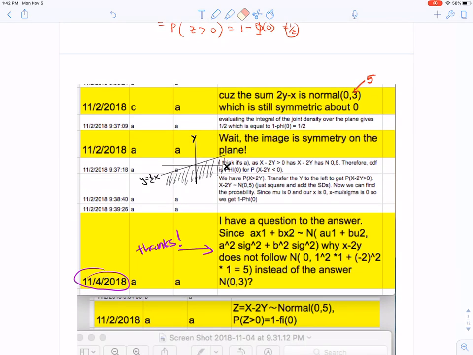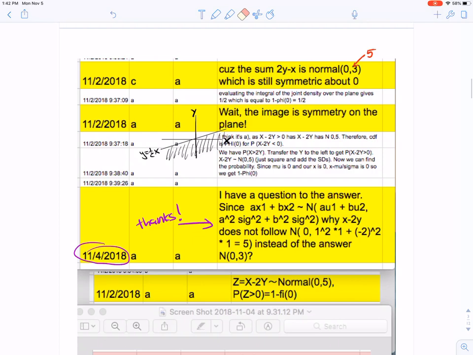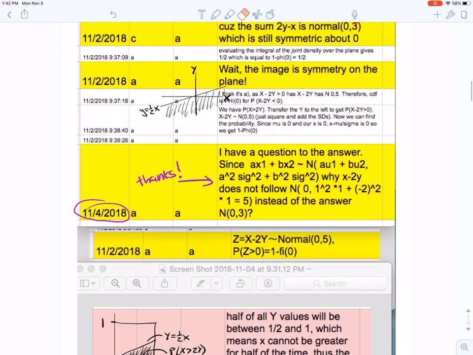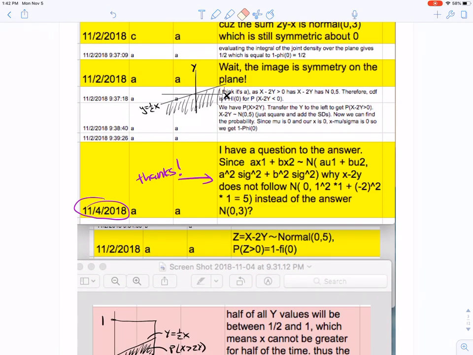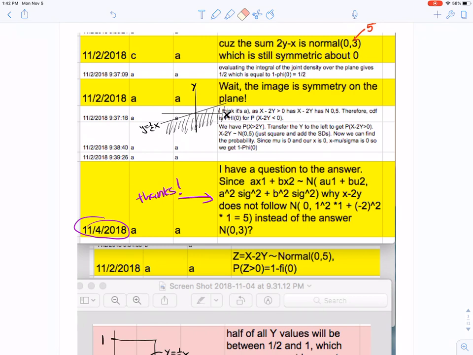Some students write that because the sum 2Y minus X is normal 0, 3, which is still symmetric about 0. That's great, except that it's normal 0, 5. I actually made that same mistake. Another student asks, wait, is the image symmetric on the plane? Yes, indeed, it is. Here I've attempted to draw the image they're talking about.